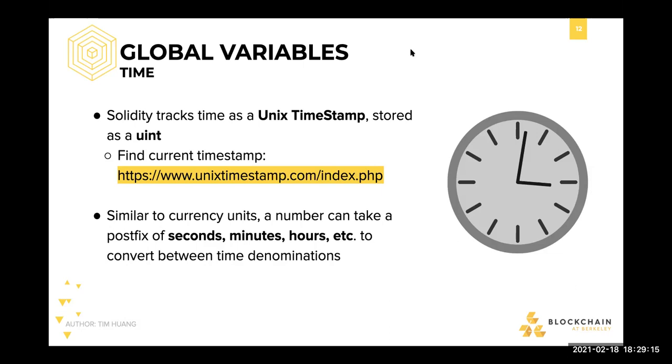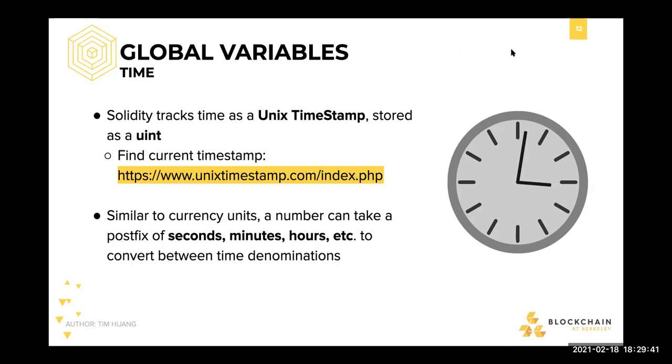And similar to a currency unit, when you're actually designing a contract, there's a few ways of doing it, which is pretty complicated, but it usually requires an oracle. But this isn't really recommended because that just gives another vulnerability if someone wanted to attack the contract.